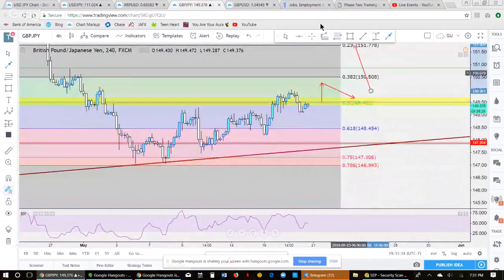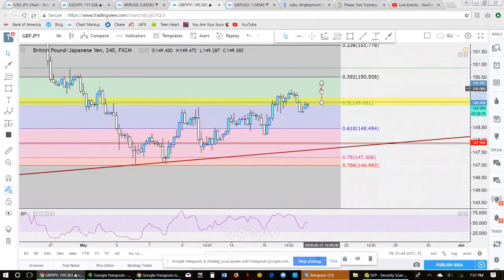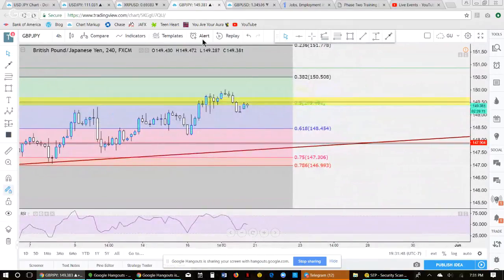Let me delete these. So the 4-hour candle closes are pretty important too. You can see here how on the 50%, the level was somewhat broken and then tested again, but it hasn't been broken again. So it broke to the downside, but it came back to touch still.